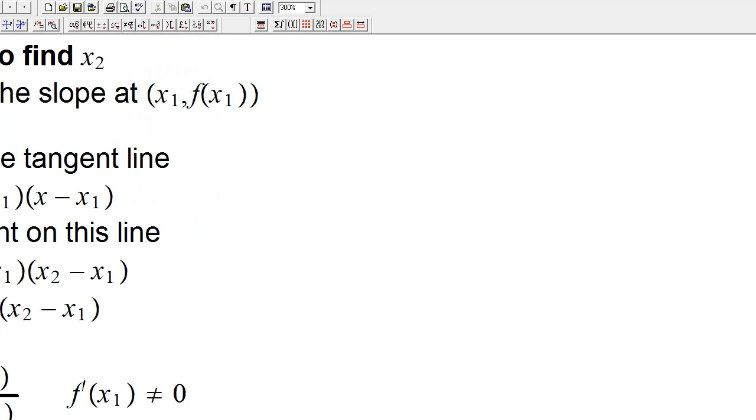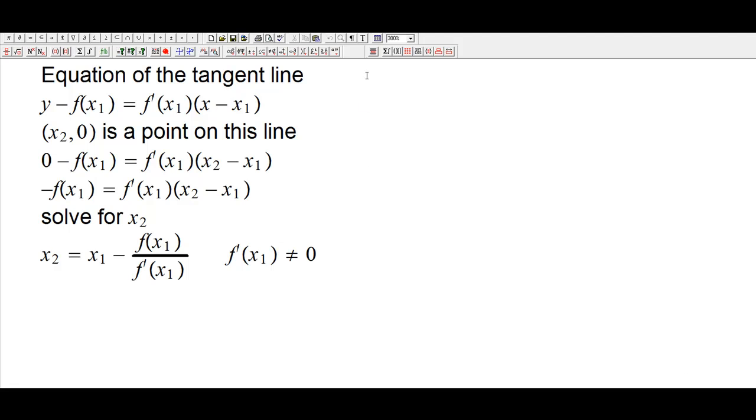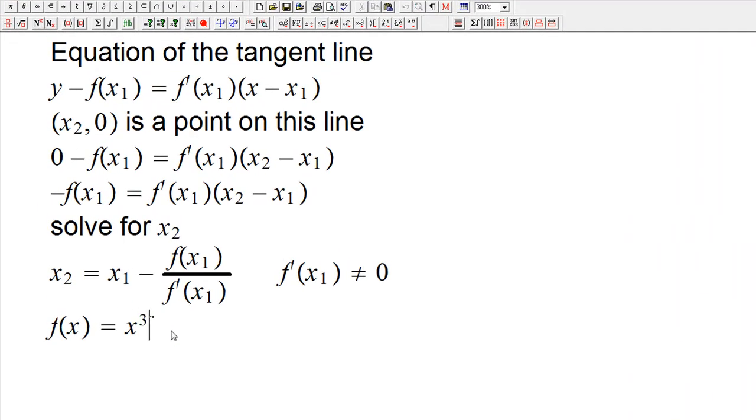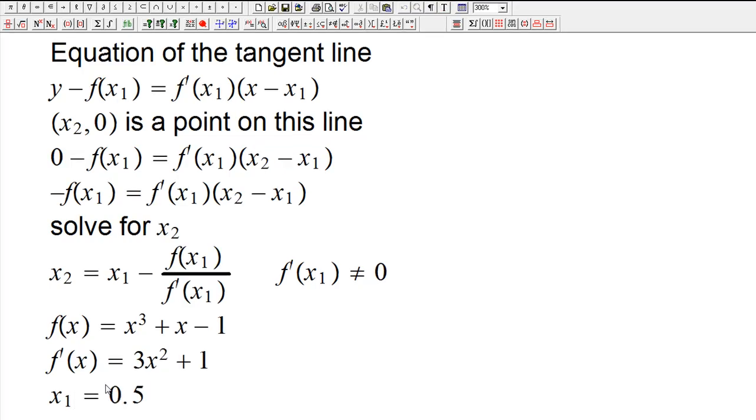In this particular case, our function f(x) is x cubed plus x minus 1. So what is f prime of x? f prime of x is 3x squared plus 1. Remember we took our x1 for this example as 0.5.